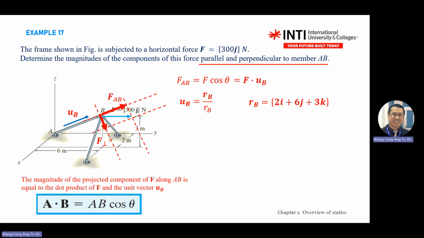What is the magnitude of RB? Can you calculate? Ong Yiling, what is the magnitude for this one?